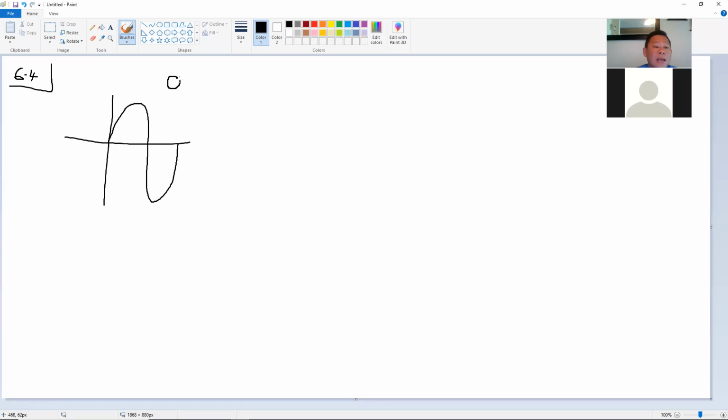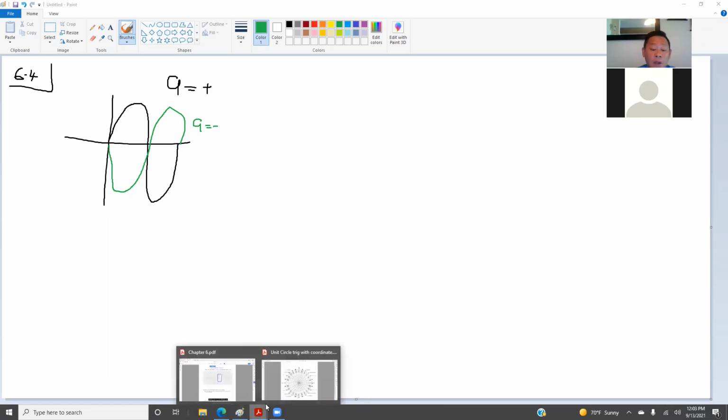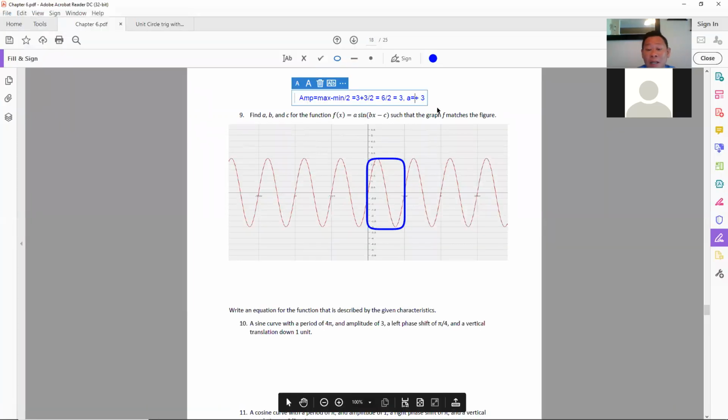If you have this, it means your A will be positive. But if the graph is going the opposite way, meaning you get a valley and then a hill, then your A will be negative. That's how you differentiate whether your A is positive or negative. So for this case, our A is +3.